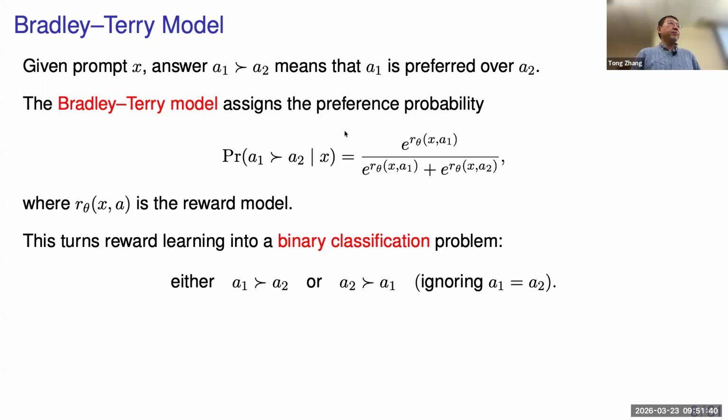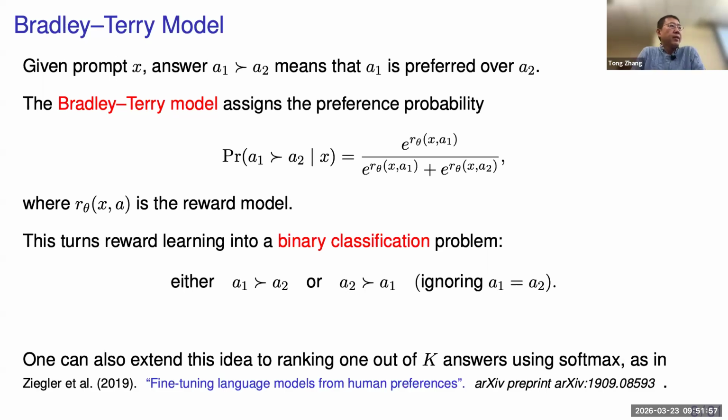If you have this reward model, it's essentially binary classification. A larger reward means a higher probability that the answer is preferred, with a certain probability each way. In the original paper, instead of two outputs, there were four outputs. It's natural to extend: if you understand 2, 4 is just logits with four entries.